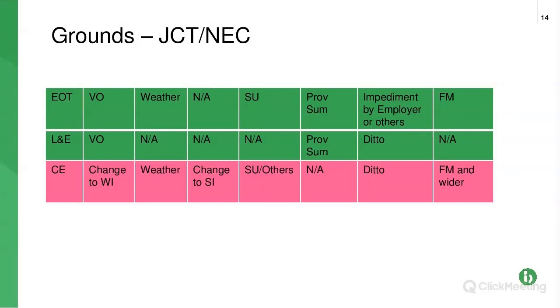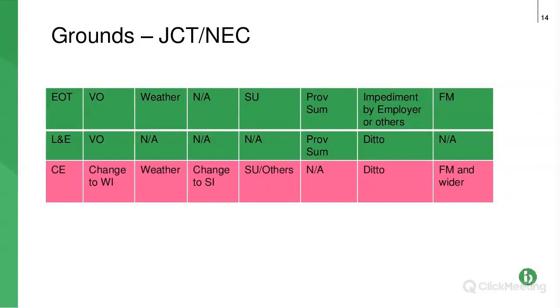It wouldn't typically be on this, but weather is an example of where the amendments might include this hybrid situation to give you time but not money. And as I say, this is something I am seeing a lot nowadays.